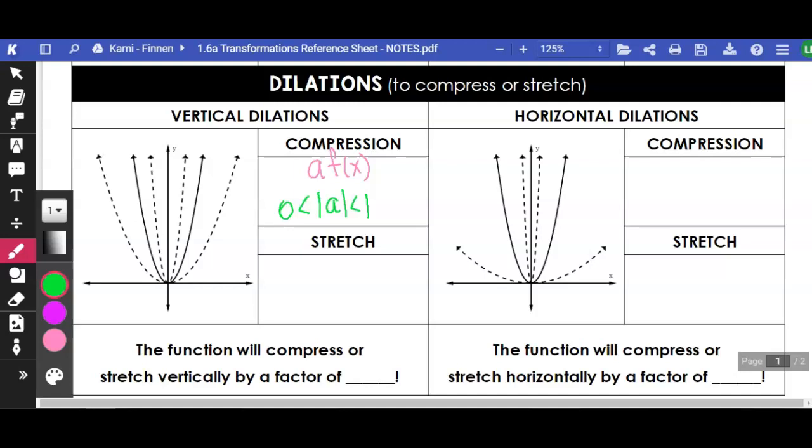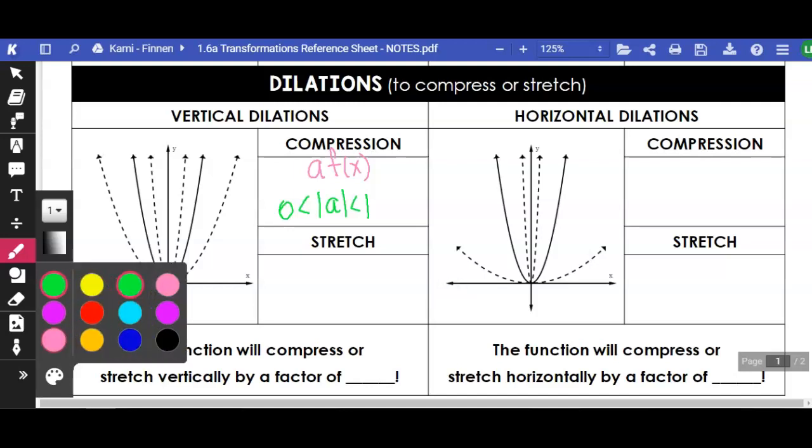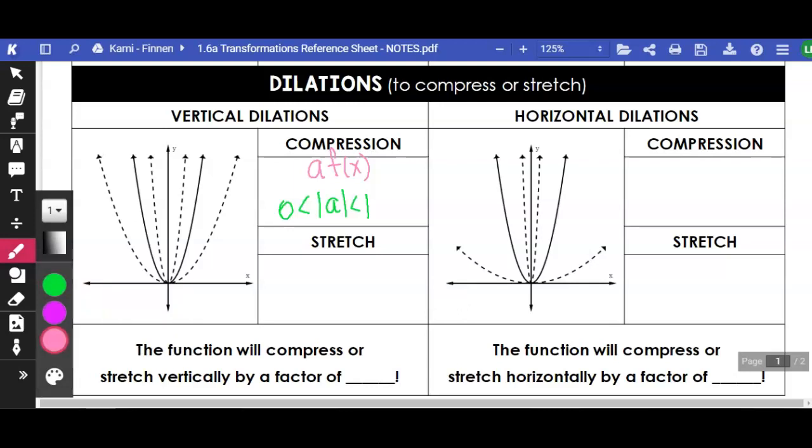And if it's between 0 and 1, so if it's less than 1 when it's positive, like a fraction, not all fractions though, because 5/3 is not less than 1. But if it's a fractional value less than 1, then it's going to be a compression. Okay, you squish it down. And then when I have a times f of x, it also looks exactly the same, right? So we're multiplying by a.